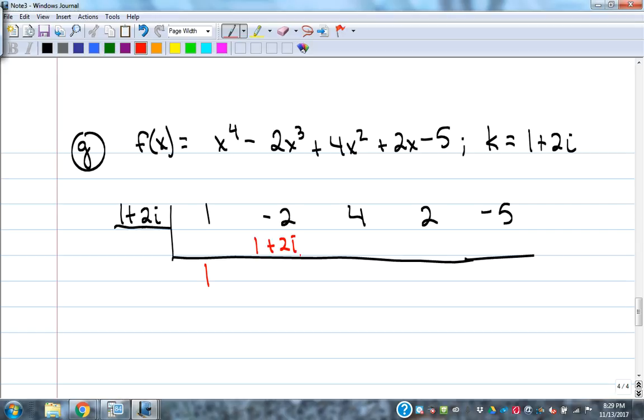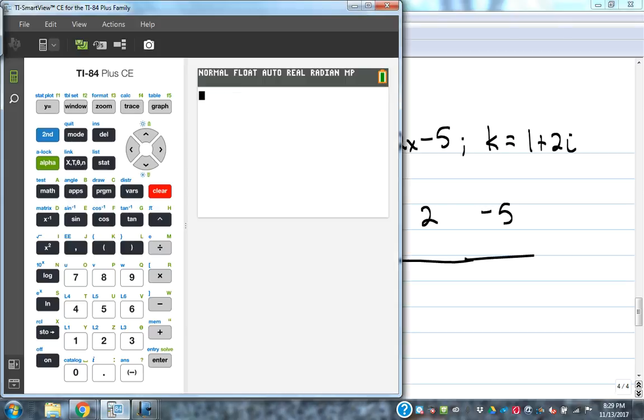And then when you add those together, you're adding negative 2 plus negative 1. Those are the real parts. So that'd be negative 1 plus 2i. And this is where I pick up the calculator to save myself a little bit of time. Remember, your calculator can do complex numbers.